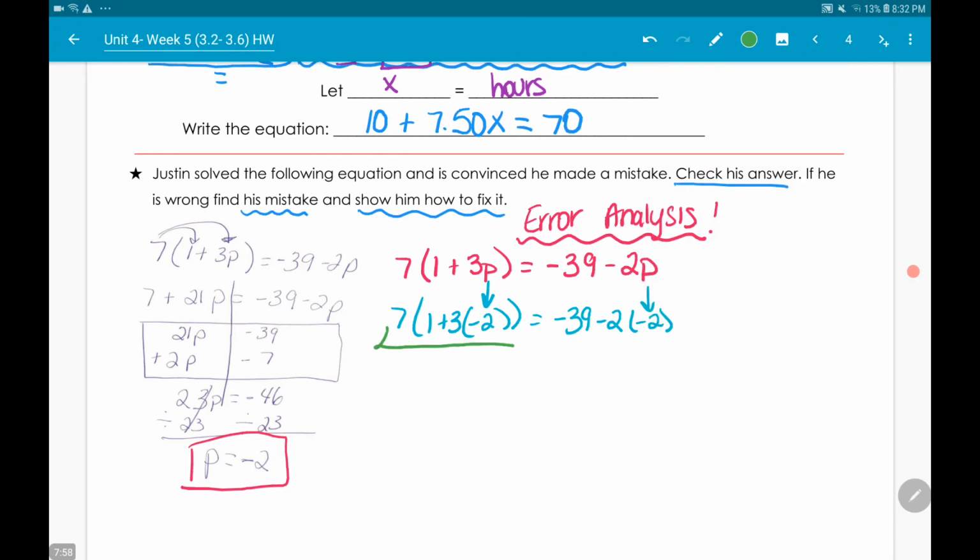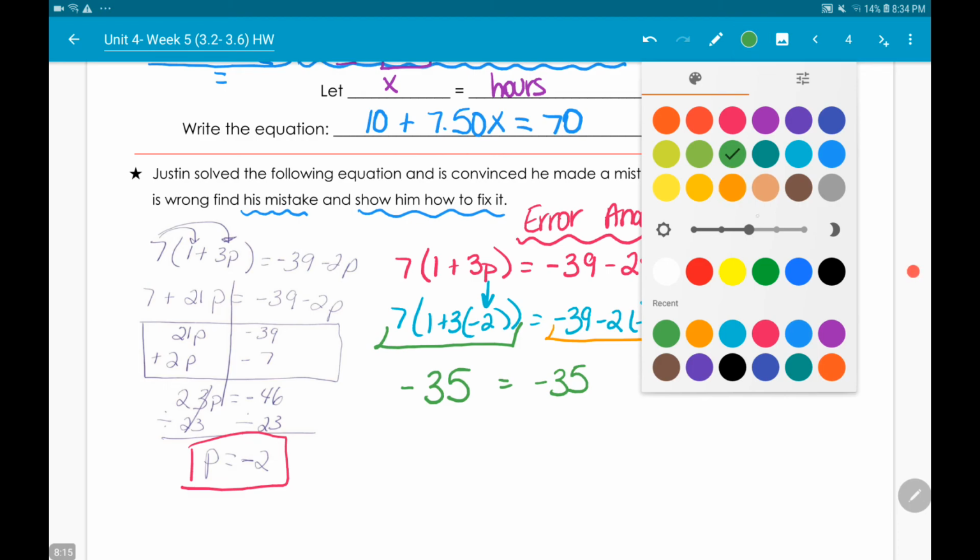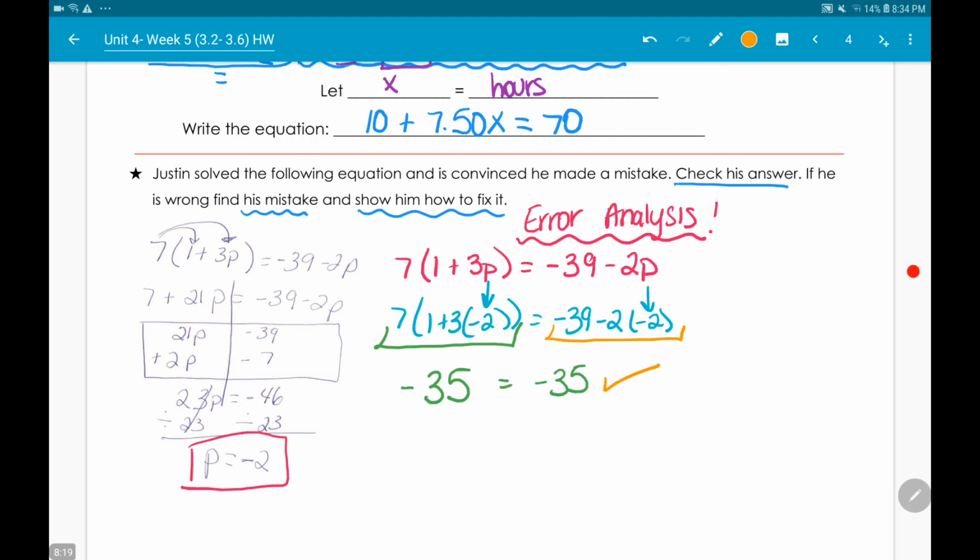Take this, put it into the calculator, let me know what you got. Then go back and put that side into the calculator and let me know what you get. Okay, so I got negative 35 equals negative 35. It looks like Justin didn't believe in himself because he's actually correct.